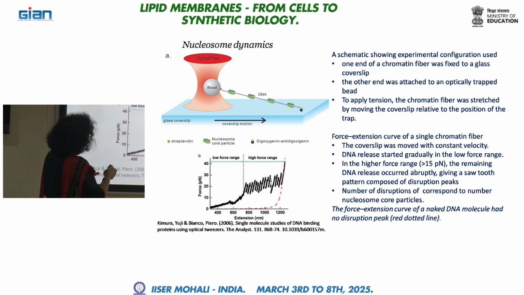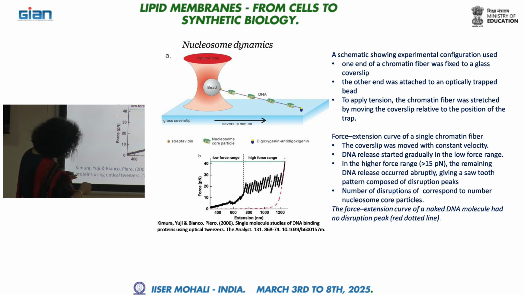Now what has been done over here is that this strand of chromatin has been attached to a cover slip, and the other end has been attached to a bead which is trapped. Now the cover slip is being made to move, and what you get essentially is a force extension graph. In the low force range, there is an extension, and then at the high force range, you start seeing these sharp jagged peaks.